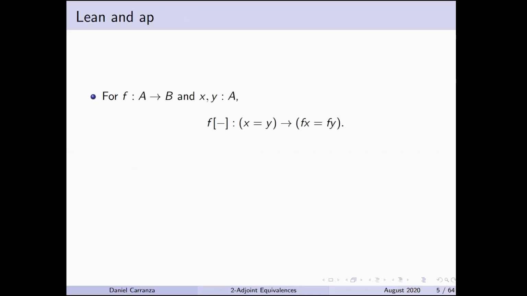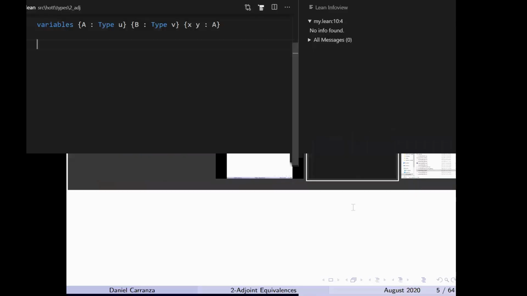So for the ap function, we know that for any function f, we can take paths and move them through functions. If we have a path in A, and a function from A to B, then this path gets carried through f. So let's show how that would work in Lean 3.